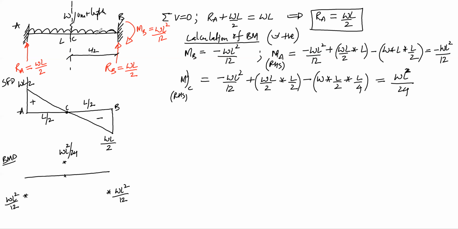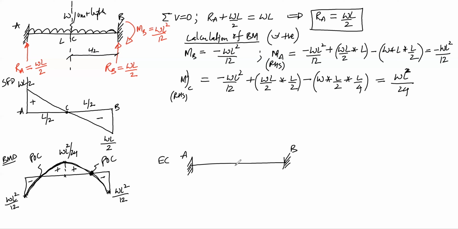And because you have complete UDL, you will have to join these points using parabolic variation, right? Above the reference is positive and below the reference is negative. And you can also calculate the location of point of contraflexure if required, right? This is the BMD, and elastic curve can be drawn after BMD.